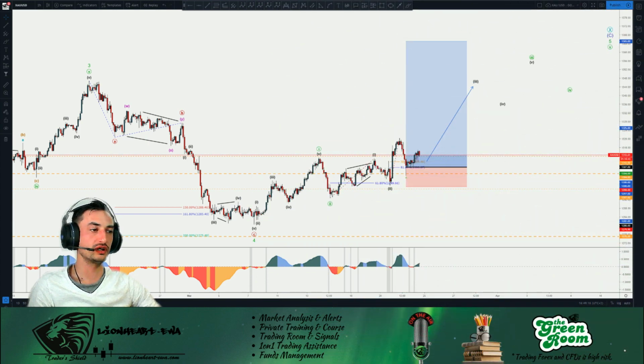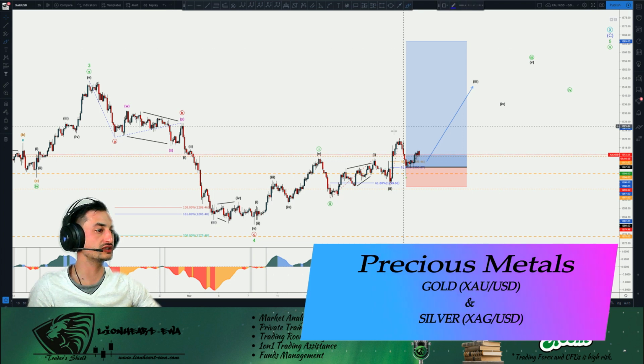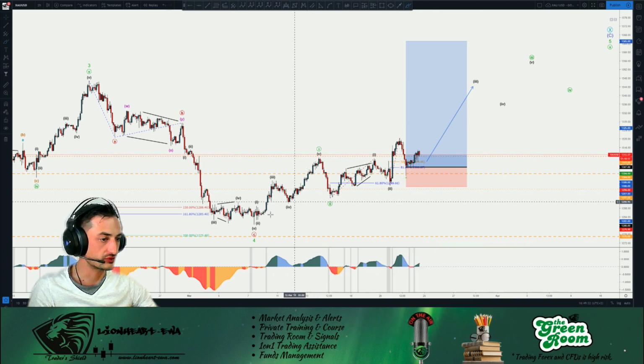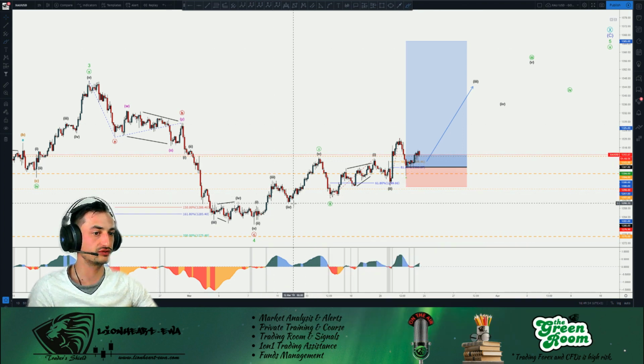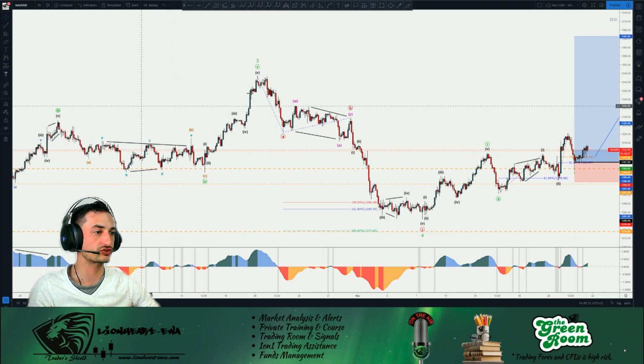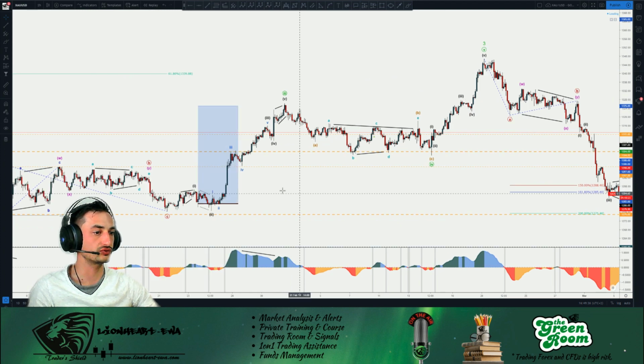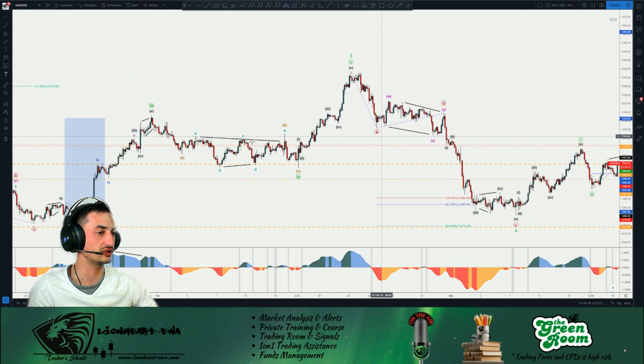All right, so back with the metals. Gold here on the 2-hour time frame, XAU USD. Previously, of course, I was very active with these trades, and most of my traders got in on the bottoms right about here, and now these levels are coming back.